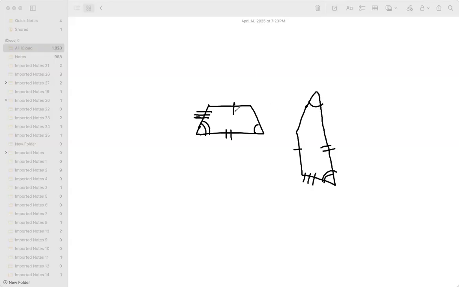Congruent, because this is exactly, see the markings tell you that clearly. And see this angle is equal to this angle. So the trapezoids are congruent.